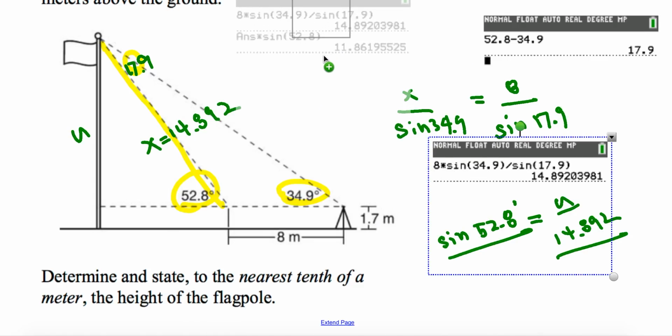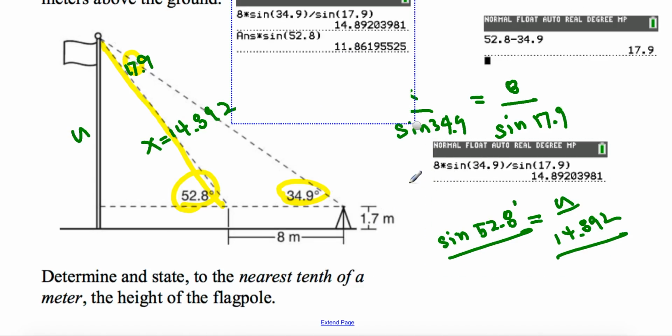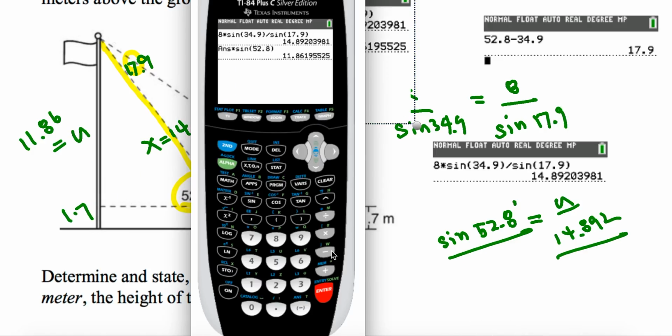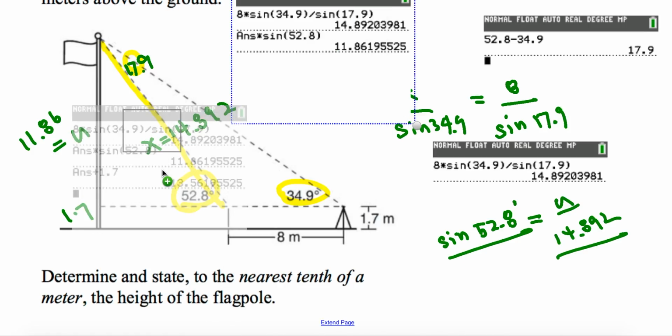We get 11.86. Then this one is 11.86. The bottom one is 1.7. So I'm just going to add that number to 1.7, which makes our final answer 13.56.